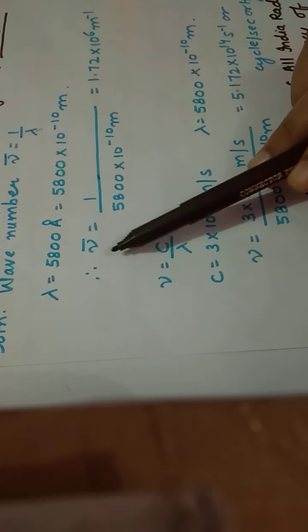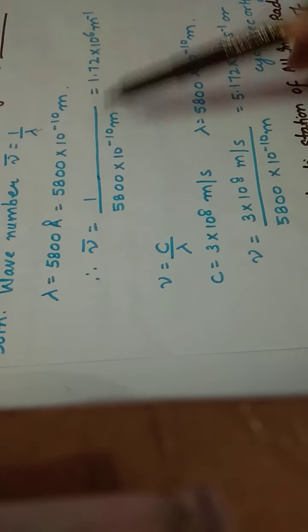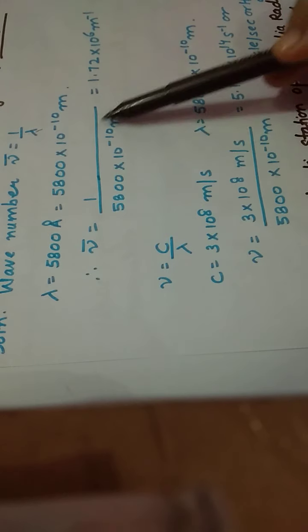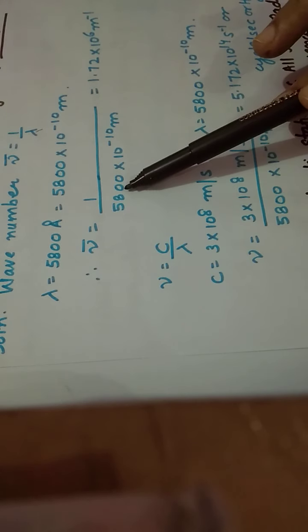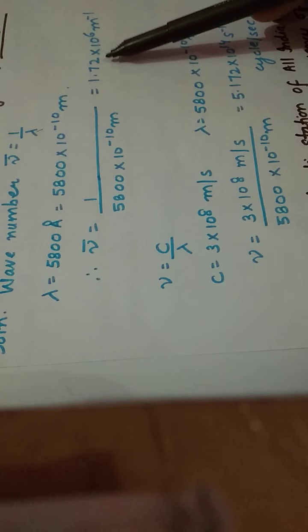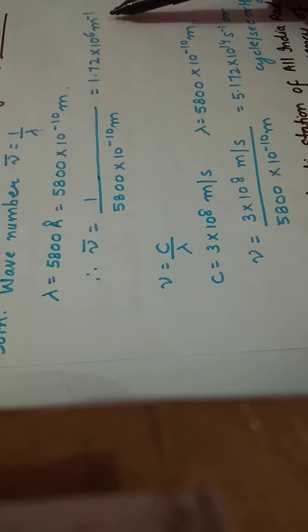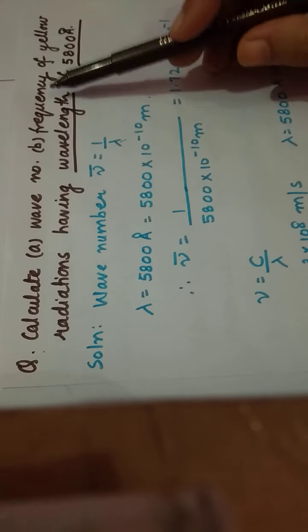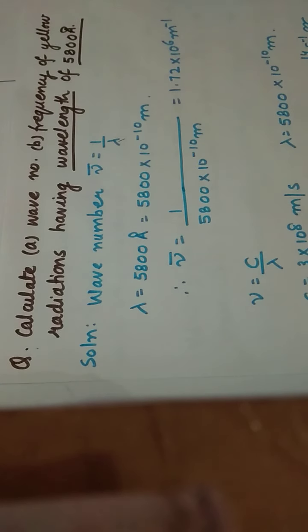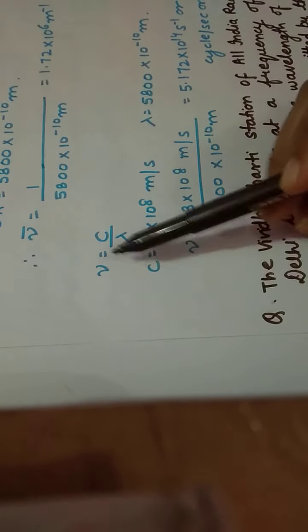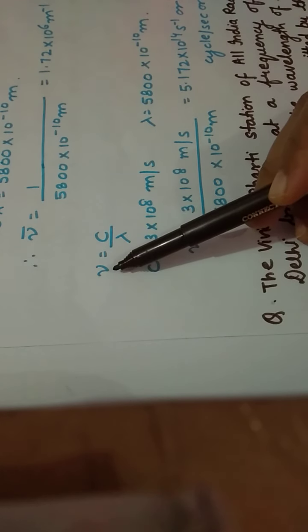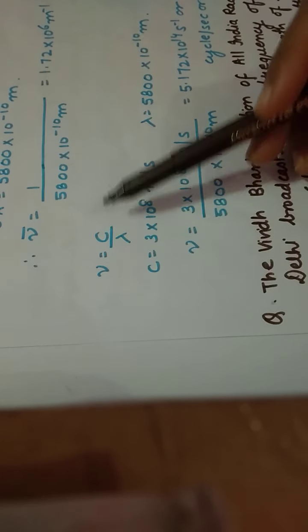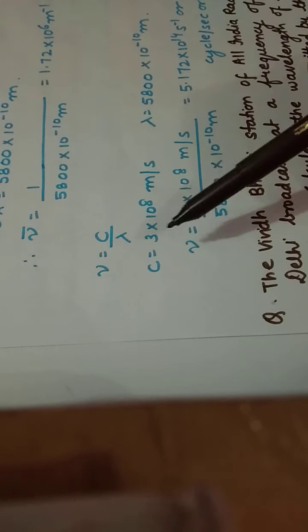So the value of wave number is 1 upon lambda. Lambda is given in the question. So wave number is equal to 1.72 into 10 to the power 6 per meter. Now next, what is asked is the frequency of yellow radiation. So children, the formula for frequency, this also we have done, is equal to c upon lambda.